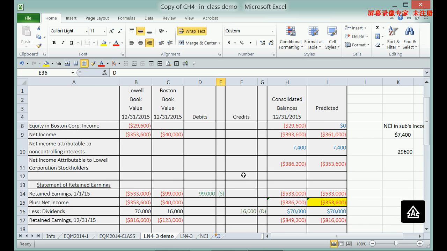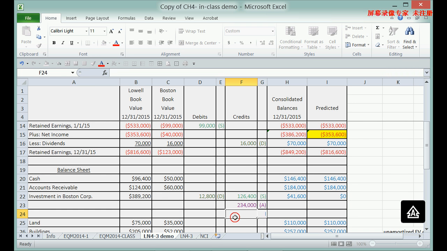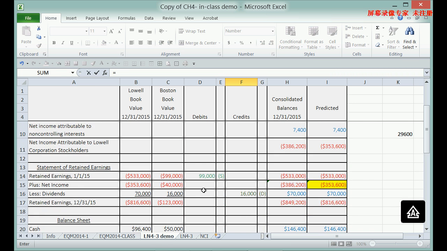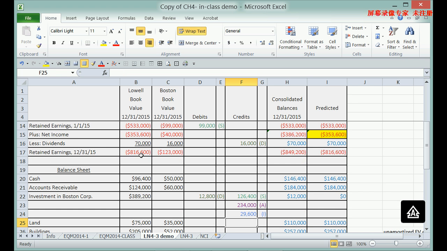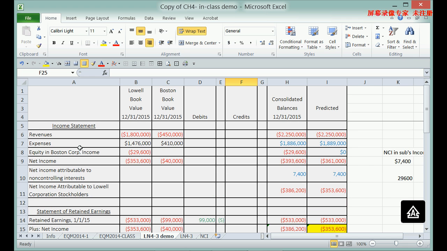Now, I put the I next to D because I want to illustrate the I and N. The I entry is the same as before. It's basically the equity in subsidiaries income. So that's the I entry, takes the whole equity in subs income, and we debit the same. But we also have a similar one, remember the NCI in subs earnings, or net income attributed to the NCI, mirrors the equity in subs income.